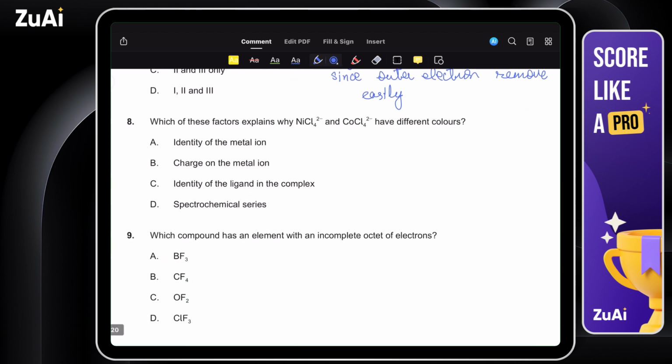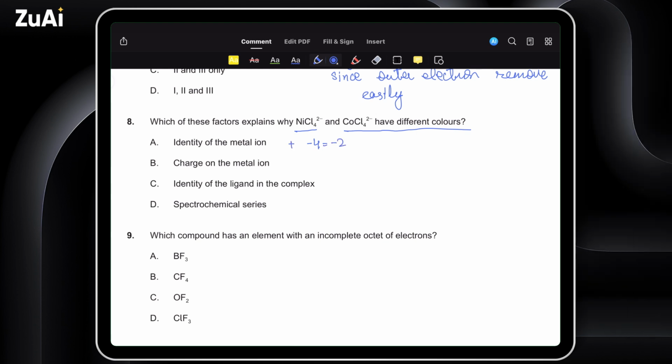Which of these factors explains why NiCl4 2- and CoCl4 2- have different colors? If you look, chlorine has -4 overall. The overall charge is -2, so nickel has +2 charge. In cobalt, again -4, resultant equals -2, so cobalt also has +2 charge. So they have different colors. How do we know? Because they are transition metals.